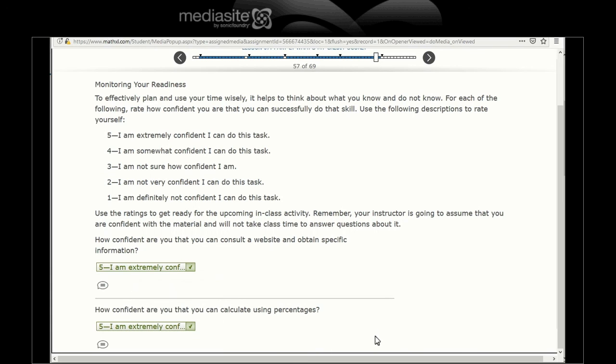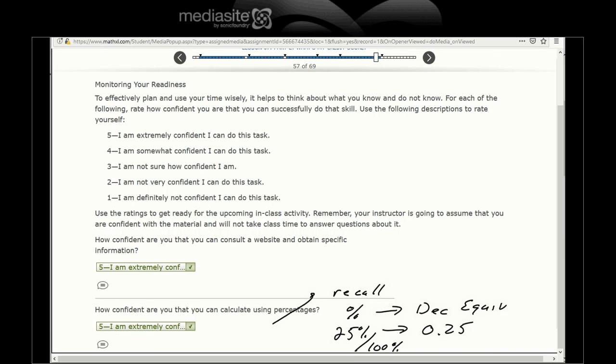Again, the key here is we convert percentage to decimal equivalent. 25% is the same as 0.25. Basically, divide by 100% to get your decimal equivalent.